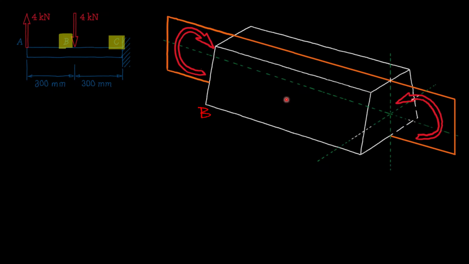So this, as we said, is portion BC, and here we have the applied moments, and this right here, the orange, we call the longitudinal plane, a plane that runs along the length of the beam. We can also call it the bending moment plane, because that's where the moment happens.